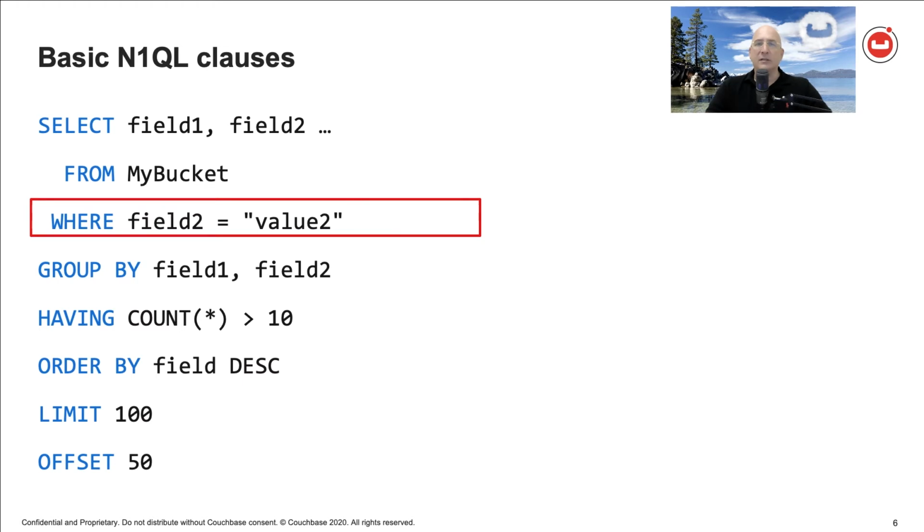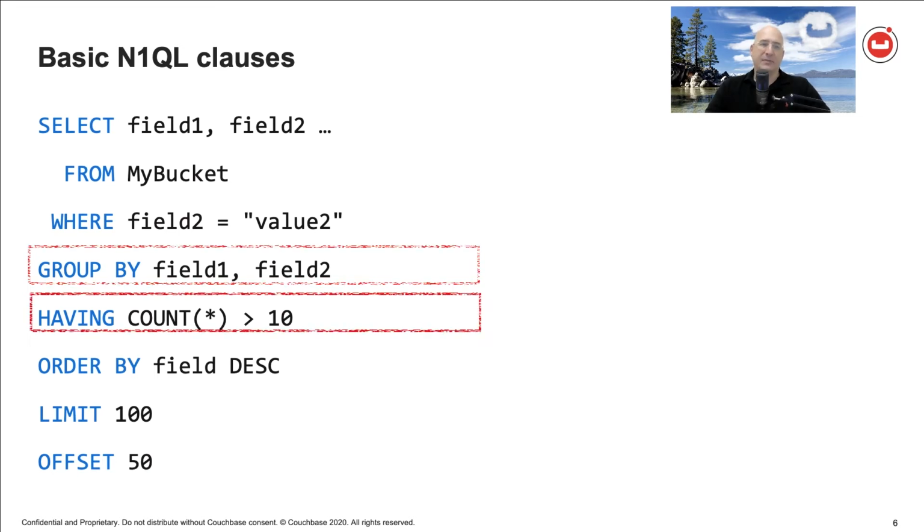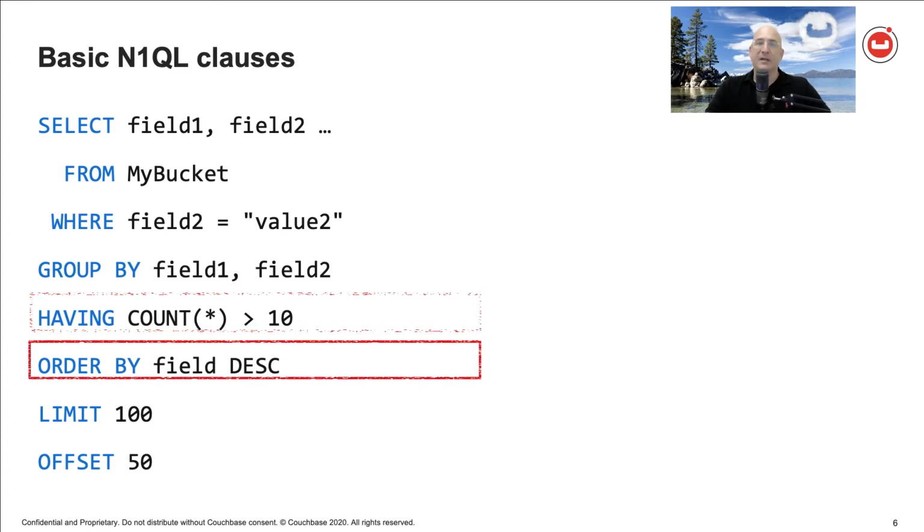The where clause is used to filter only the desired documents from the bucket you're selecting from. The group by clause is used for aggregating data, together with functions such as count, sum, average, etc. The having clause is used for filtering data after the aggregation.